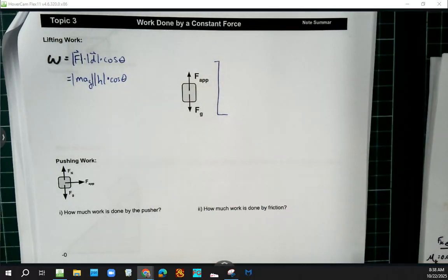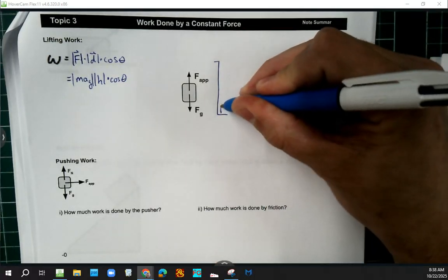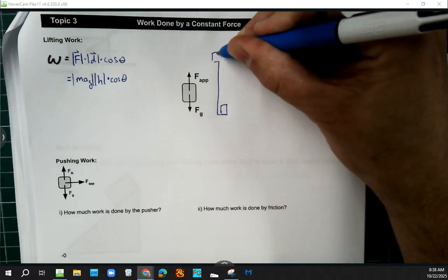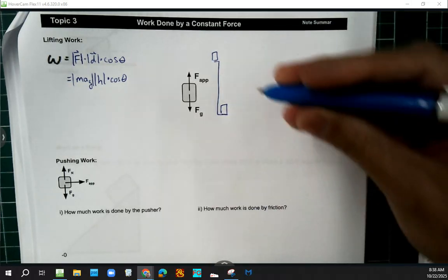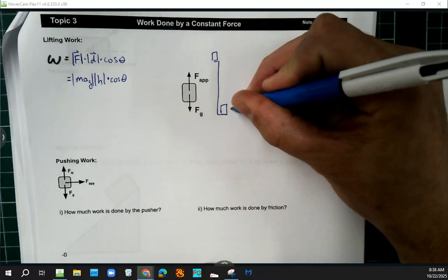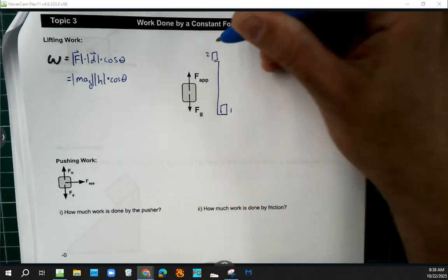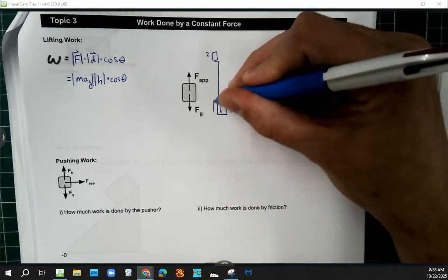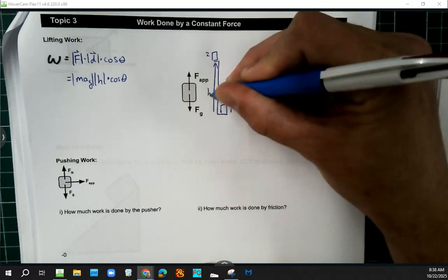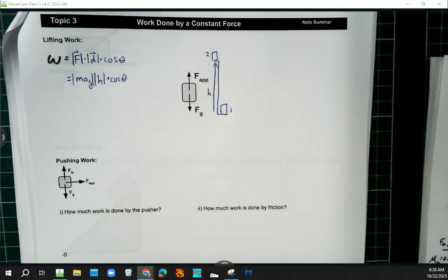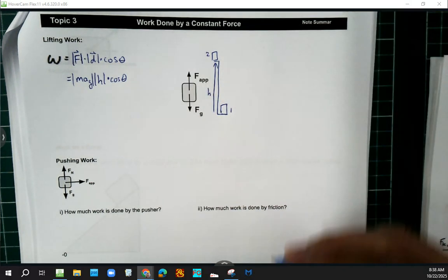This is our free body diagram for this scenario. I'm taking an object and putting it on top of, I don't know, a shelf. So we're starting from position 1, getting up to position 2, and from here to here is my displacement in the y direction, my height vector if you like.